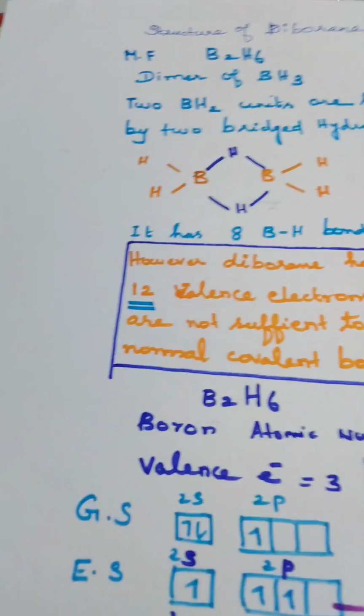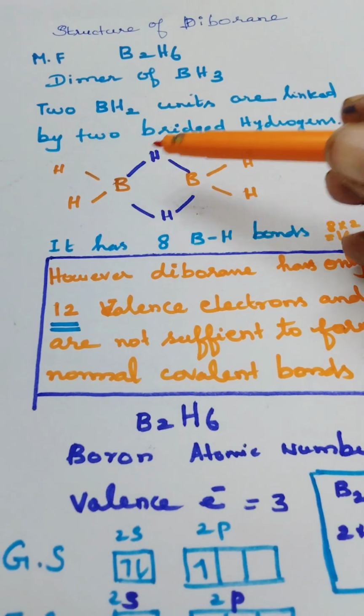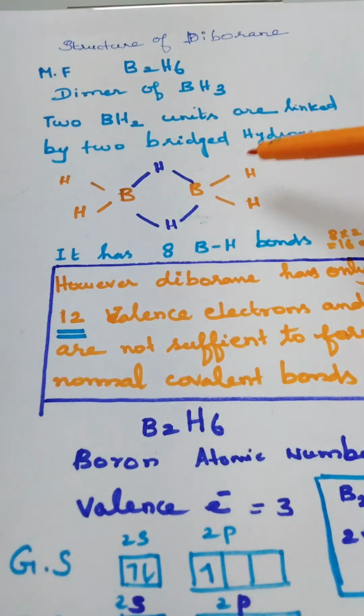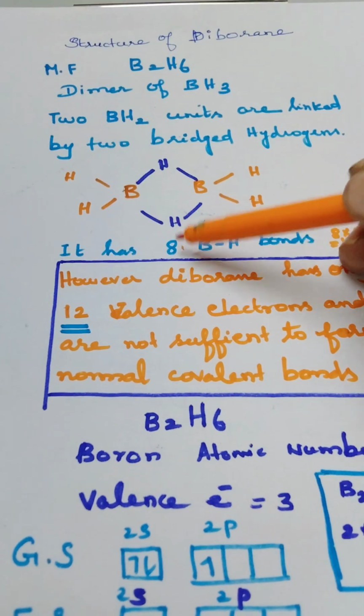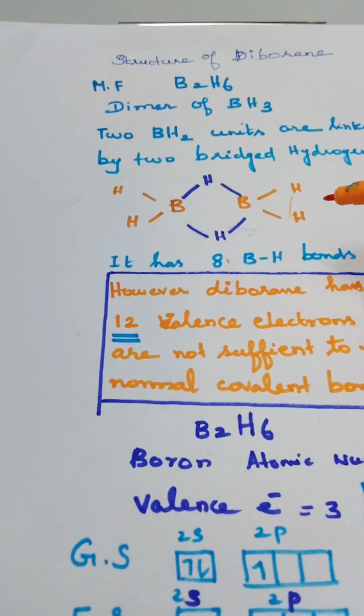So what are the types of structures present here? There are 2 BH2 units linked by 2 bridged hydrogens. These 2 are bridged hydrogens. These 4 hydrogen atoms are normal hydrogens.